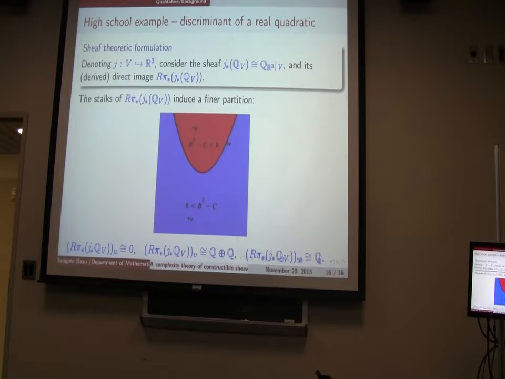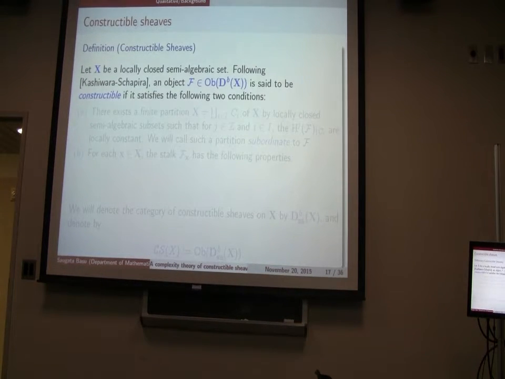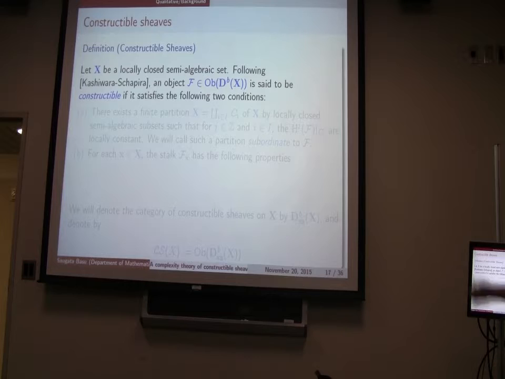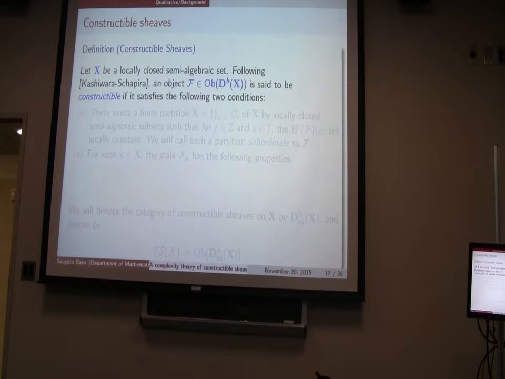Then the Tarski-Seidenberg theorem just gave you a partition of the blue and the red. But now you have blue, red, and the black. So that brings us to the notion of a constructible sheaf. This goes back to the definition of Kashiwara and Shapira in the book Sheaves on Manifolds, but goes back further to work of Kashiwara.